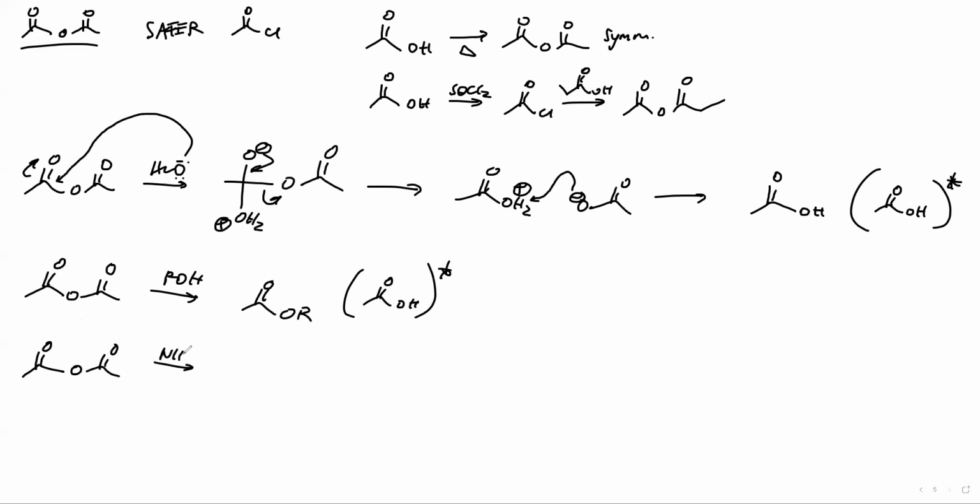We can also take an amine and make amides. Everything still applies, right? Primary, secondary, and ammonia can all react, but not tertiary. And once again, don't forget that carboxylic acid leaving group.